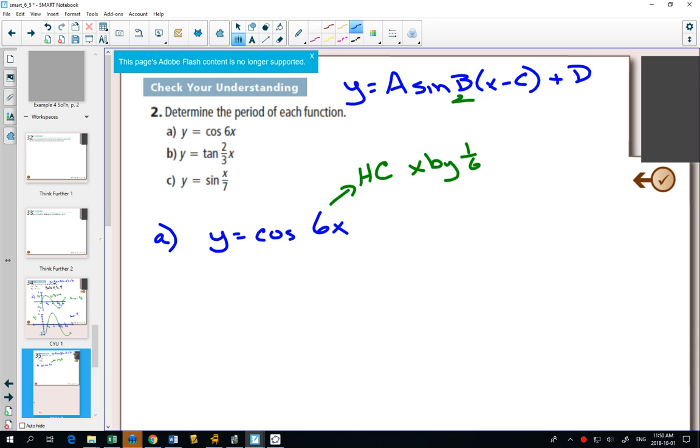Now, our cos graph repeats itself over 2 pi. Every time you go 2 pi, it repeats itself. And now, that distance from 0 to 2 pi is getting compressed or squished by 1/6. So if our period was 2 pi for y equals cos of x, what happens to that when we compress it by 1/6?